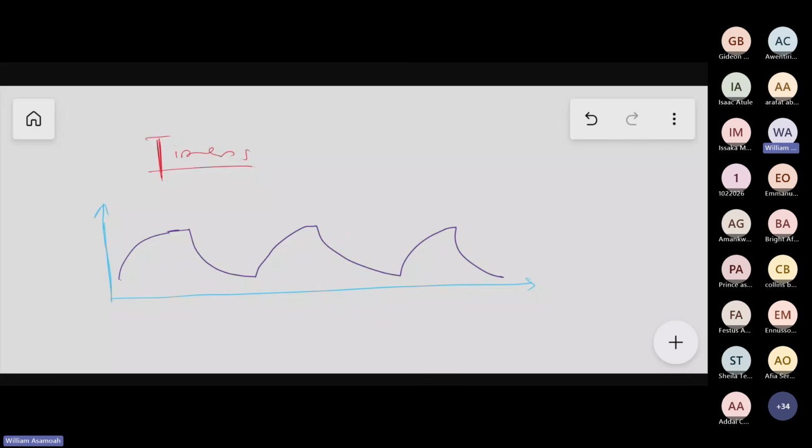So the moment you just supply a voltage to it, it's able to produce a periodic waveform for you on its output. So those devices are called oscillators. They are able to oscillate.